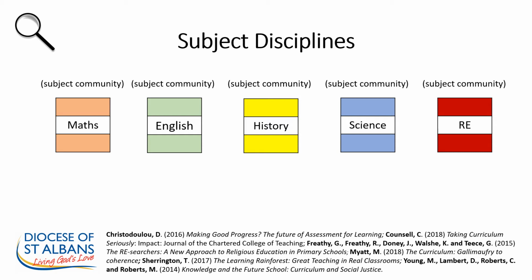So within history, there will be what's agreed as content that's right for history. And within maths, we'll be expecting more work with number and algebra because that's seen as appropriate within the maths curriculum. But it's not only the knowledge that's seen as important within each subject, it's also the ways and traditions and rules of inquiring into that content.